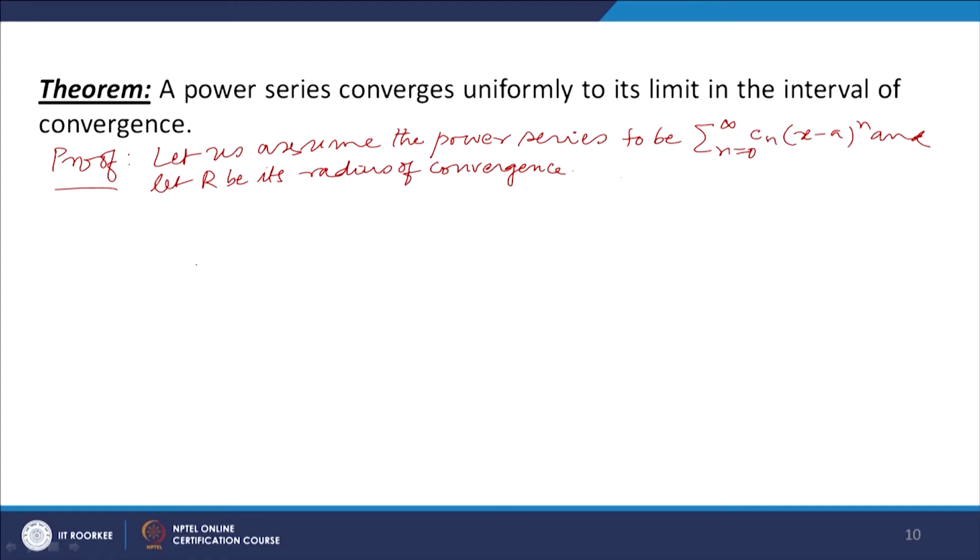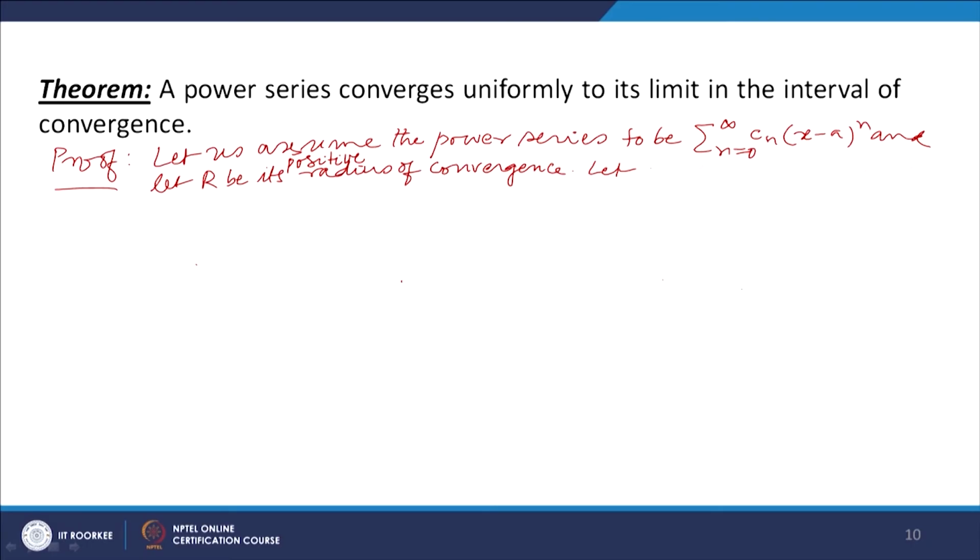Okay. Now, we are taking the radius of convergence to be positive, because if R is equal to 0, then the series converges only at the center. So, the question of uniform convergence does not arise. So, let us take R to be a positive number. So, let R be its positive radius of convergence, that is R is greater than 0.